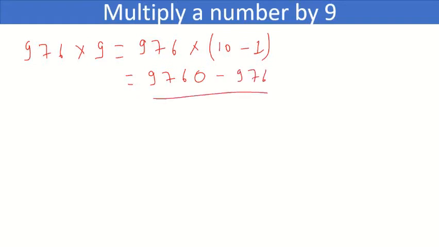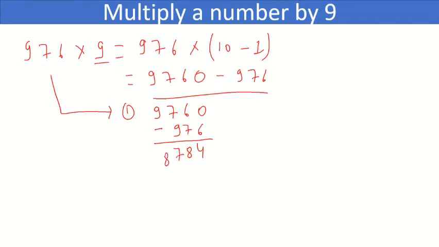In simpler words, whenever you multiply a number with 9, the first step is to add 0, or multiply the number with 10, and then subtract the same number from this result. So 8784 is your final answer.